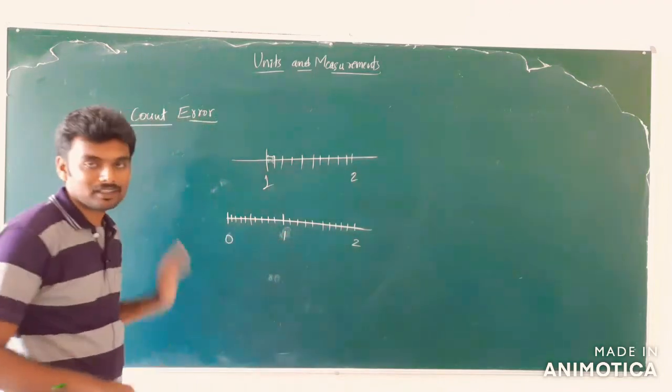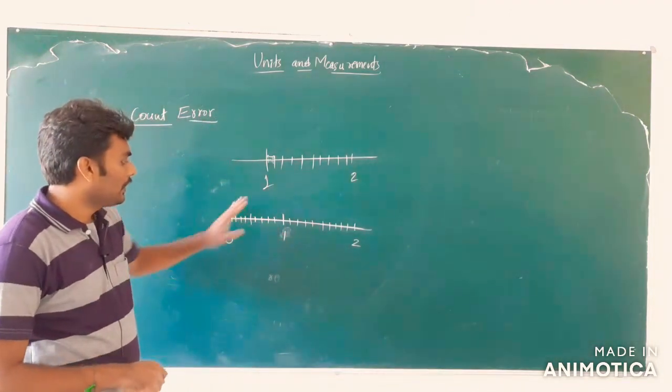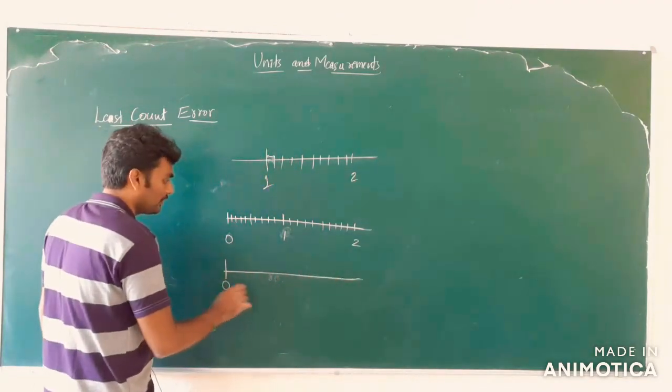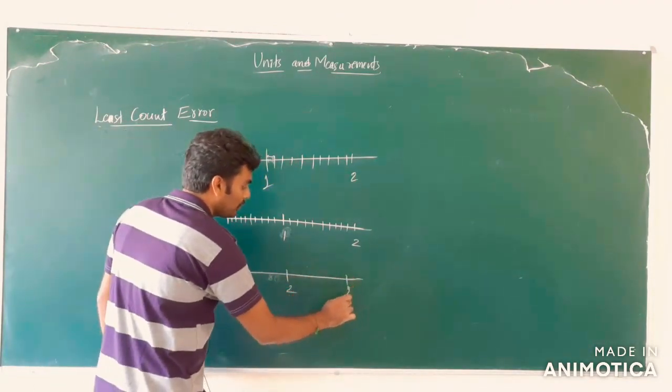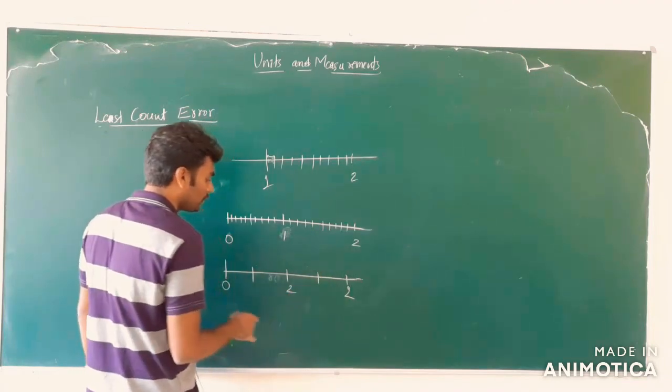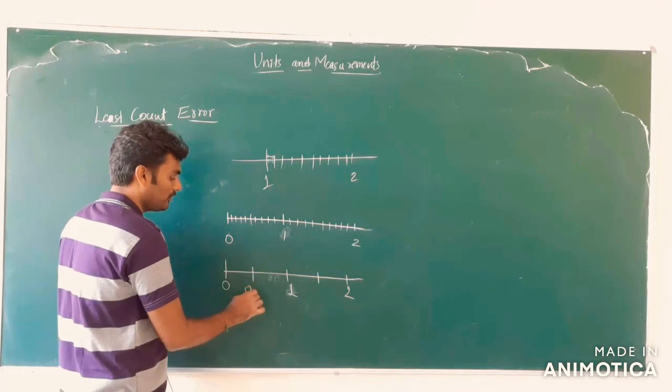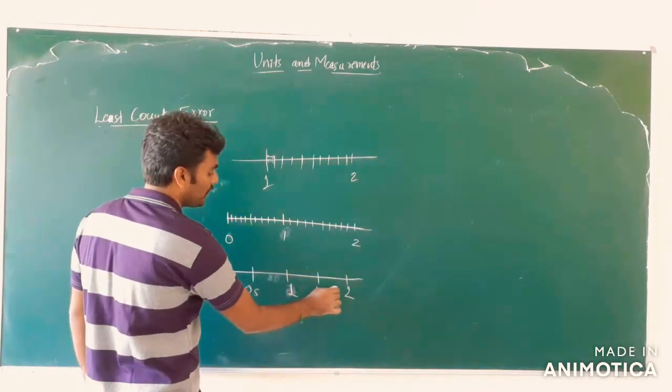So this is one scale that you have, and you have one more scale, the same kind of scale, but this time this scale has only this kind of reading: 0, 0.5, 1, 1.5, 2.